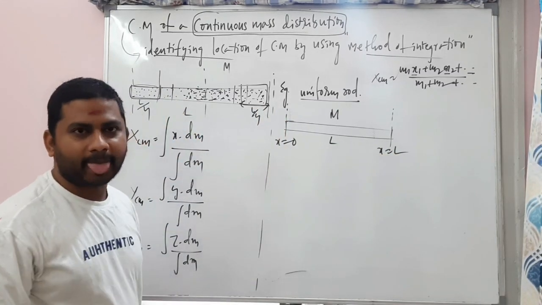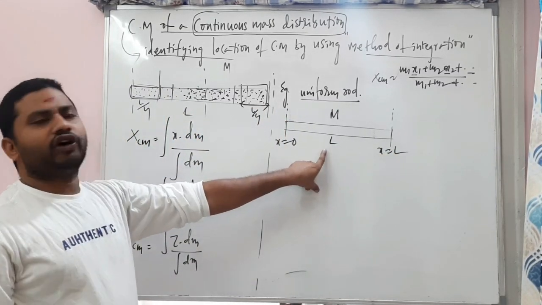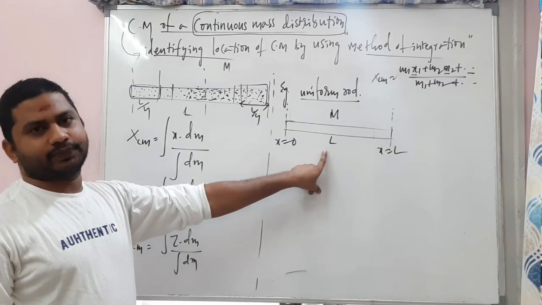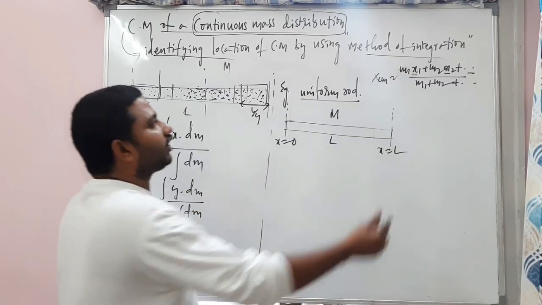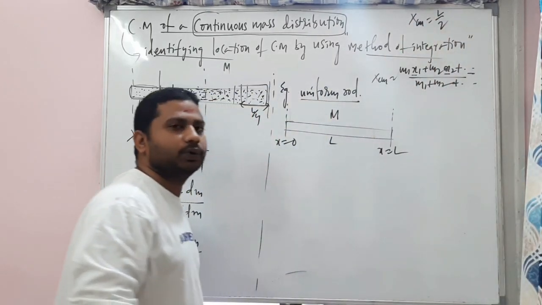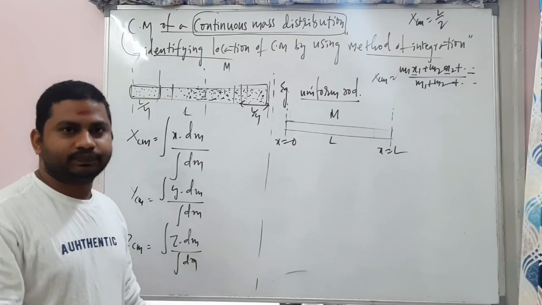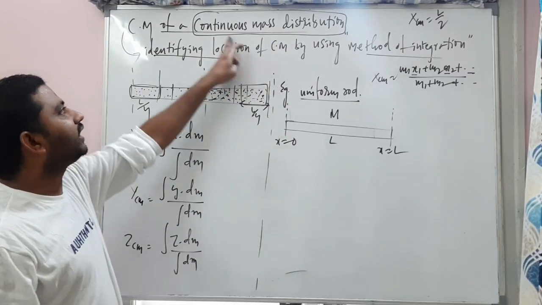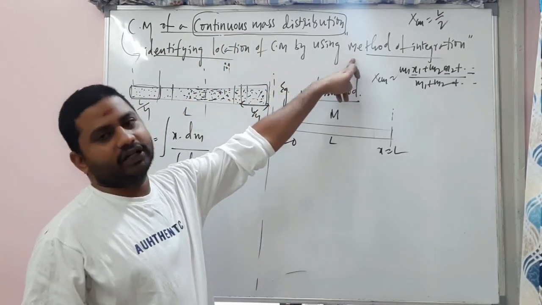For this uniform rod, we already know the center of mass will be at L by 2. But we are going to prove this by using the integration method.